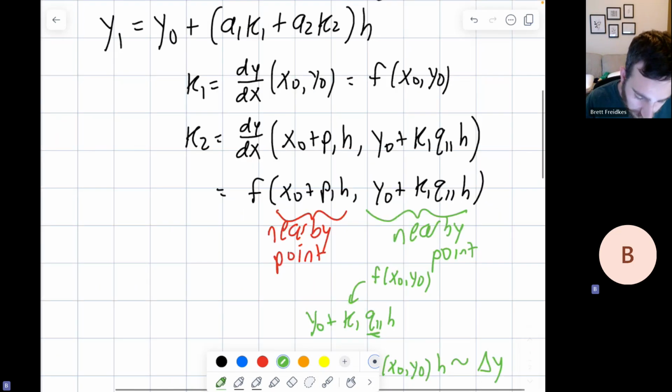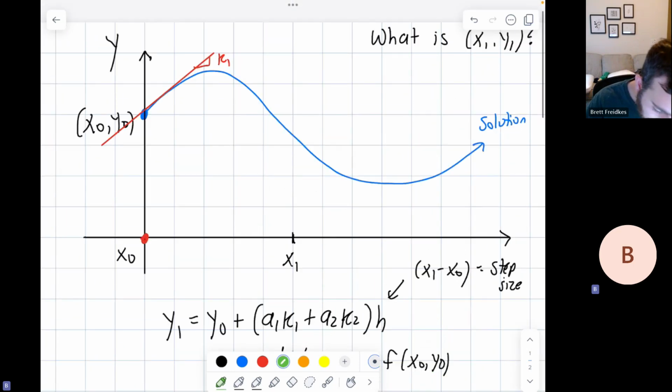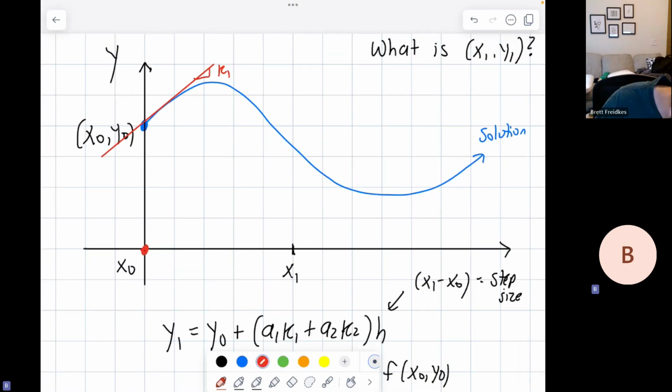So similarly, what we would do, we see that this equation is y naught plus this. So here's our y naught. This point here is our y naught point. Perhaps when we do this type of math, we end up getting a y value that is, let's say this is where our x1 is. This is our x0 plus 1/2 h, let's say, for our x relative to x naught.